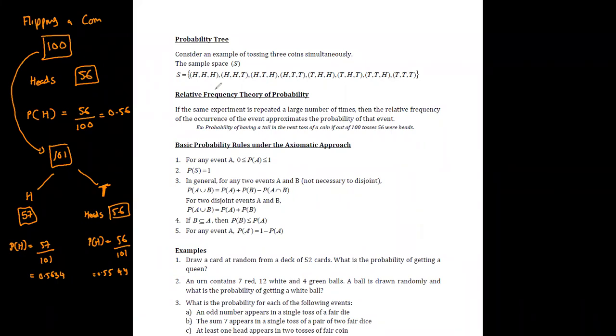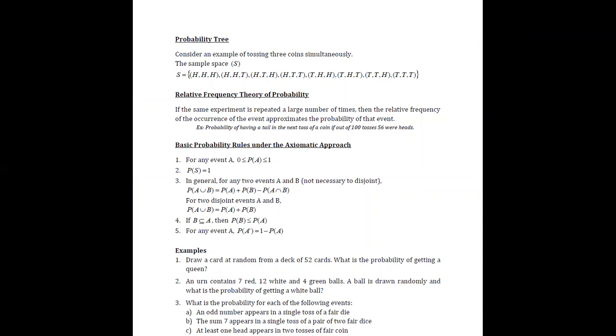And in the next part, there is the axiomatic approach, the probability rules under the axiomatic approach. So far we have discussed things related to classical probability, but the rules under the axiomatic approach are the same as the definitions obtained in classical probability as well.